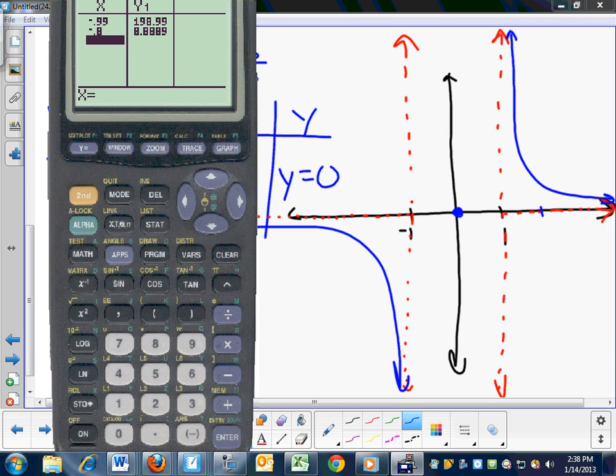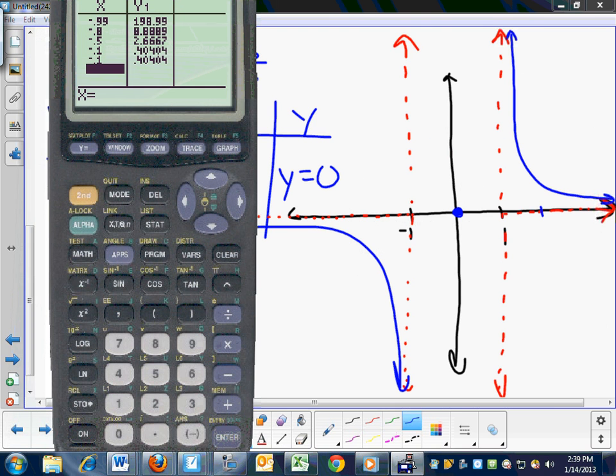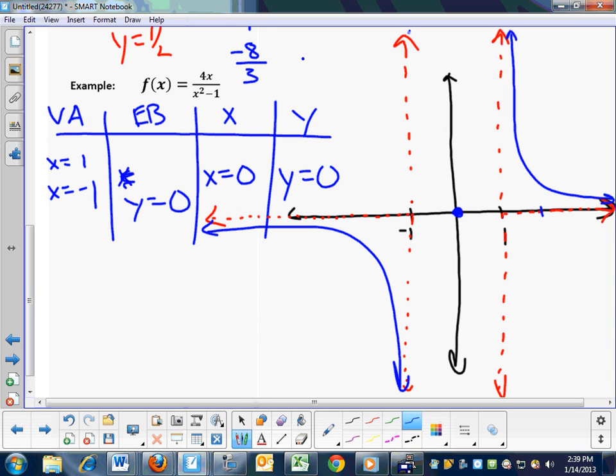Above, but smaller, right? We go like -0.5, -0.2, -0.1. You can see that you're getting smaller. So it starts really big and it's getting smaller, but it's always positive.